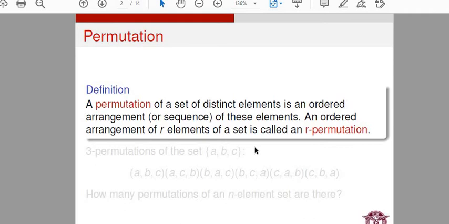An ordered arrangement of R elements of a set is called an R permutation. These are the simple definitions.